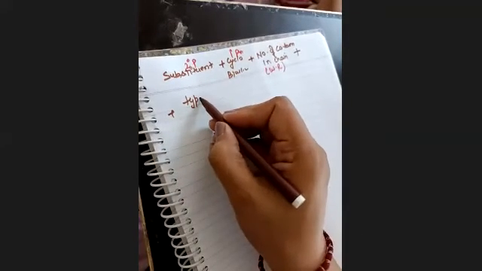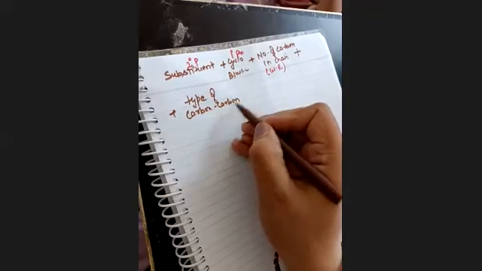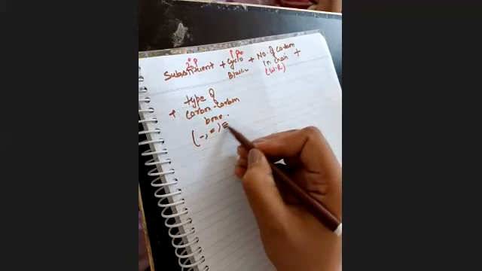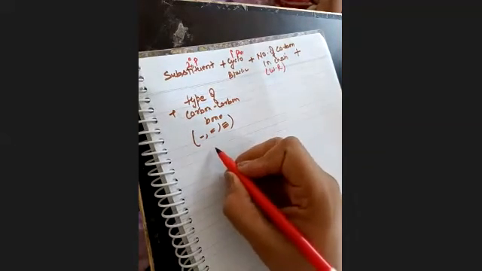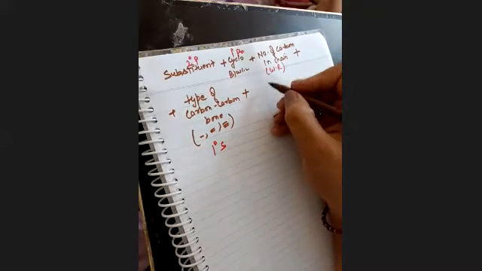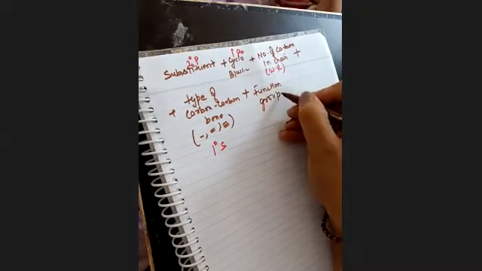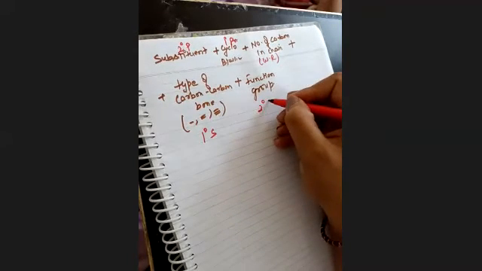Next one is type of carbon-carbon bond, that what type of bond is there, either single, double, triple bonding, etc. So this will be primary suffix, plus functional group. Okay. So the functional group will be the secondary suffix.